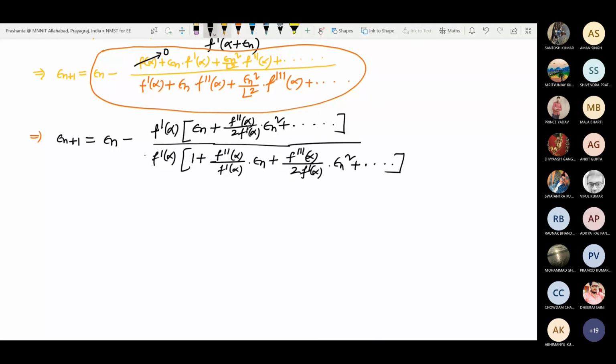Now from numerator and denominator, these two terms will be cancelled out. Okay. So on the left hand side we have epsilon n plus 1. What do we have on the right hand side?